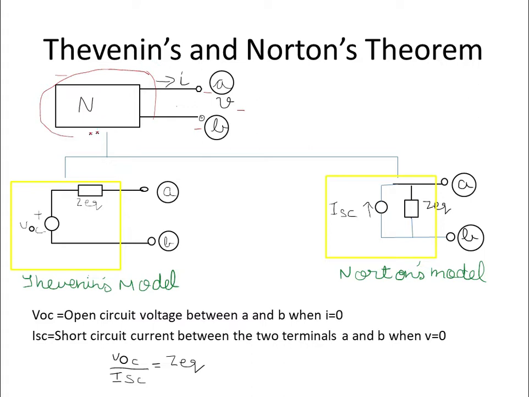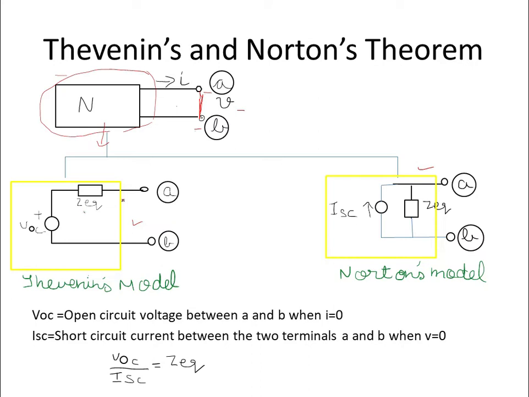And then there is a network N. This network N can be written in Thevenin's model like this and Norton's model like this, where VOC is the open circuit voltage between the terminals A and B when I is equal to 0, and ISC is the short circuit current flowing between the terminals A and B when both are short circuited, meaning when V is equal to 0.